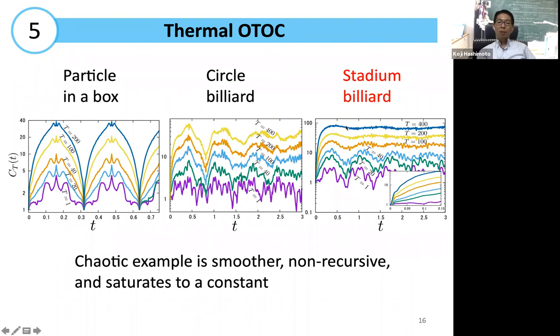So let's look at this maximum value of ODOC for stadium billiard, and we may argue whether we can actually distinguish this one and that one. Okay. So in fact, there is a physical interpretation of this maximum or asymptotic value of thermal ODOC.